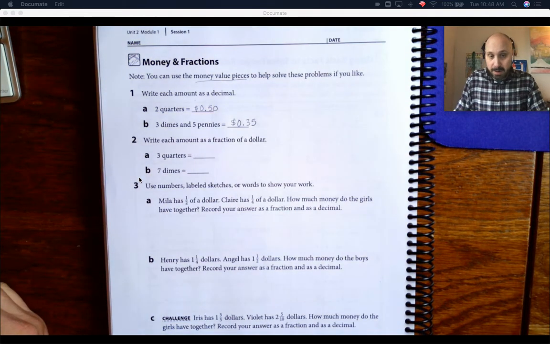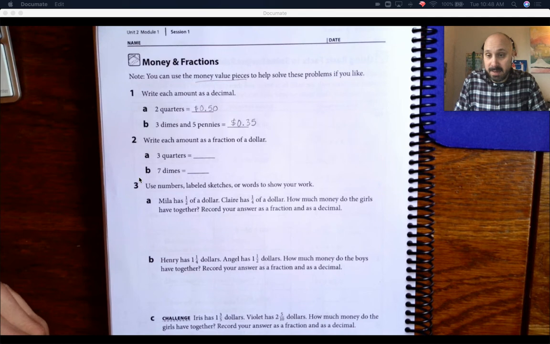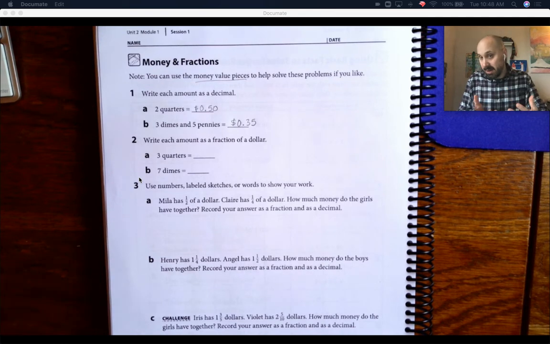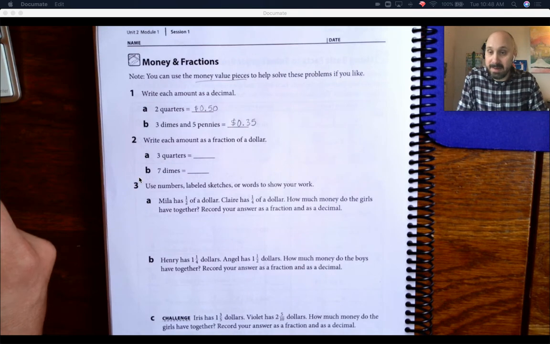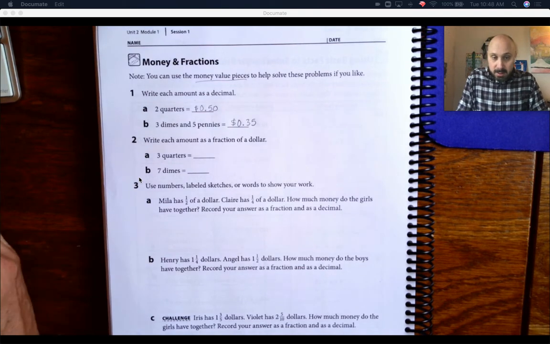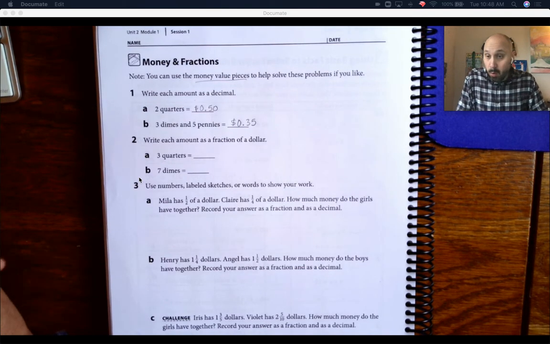Okay, number 2, write each amount as a fraction of a dollar. So we're writing this as a fraction, which is just a different way to write as a decimal. So decimals and fractions are the same thing. They're written differently. One has a line between them and one has a decimal between them. So write each amount as a fraction of a dollar. 3/4. 3/4 of a dollar is 75 cents.